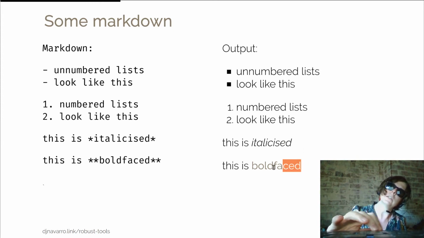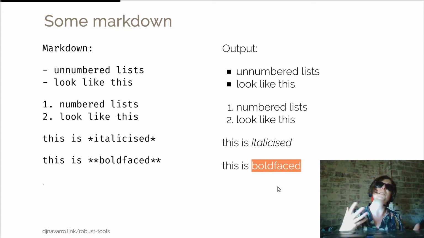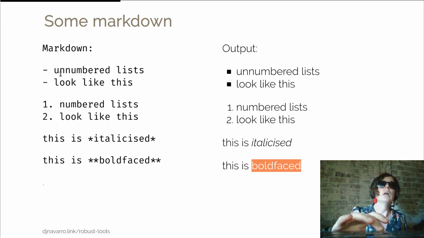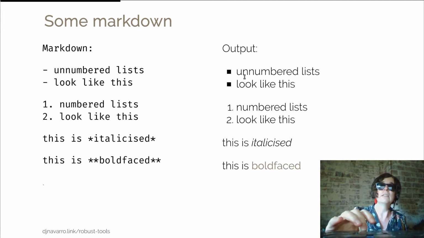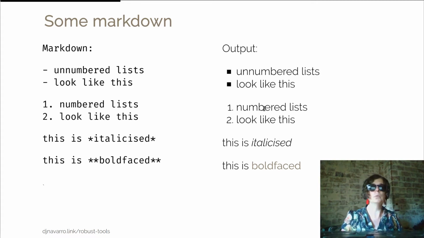And I'll admit that this is not obviously bold. That's because the template for my slides is a little bit too subtle in how it makes things bold. Hyphens create lists with dot points, and numbers create numbered lists, so on. So we can do that. Okay, well, let's try that.